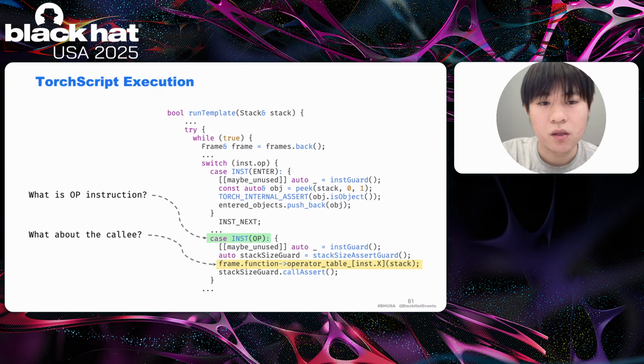While reading the code, I discovered something interesting. There is one opcode named OP, and it can do a call on the operator table. The operator table contains many functions corresponding to operators. I'm curious about what operators they are.